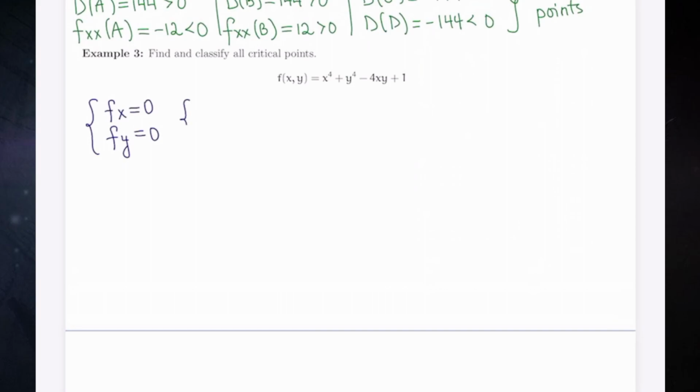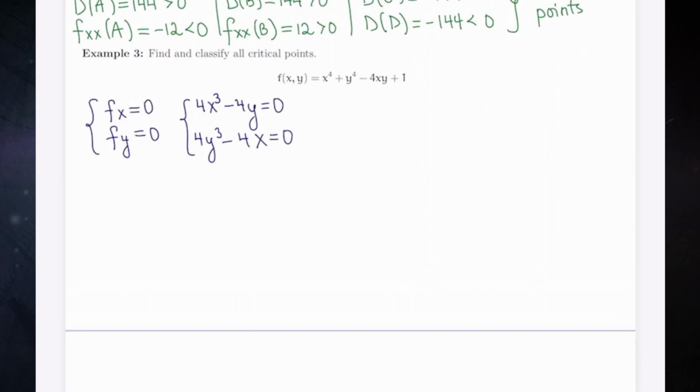All right. Okay, let's see what the partial with respect to x is. That's going to be 4x cubed minus 4y. That's equal to 0. And then similarly, the partial with respect to y is going to be 4y cubed minus 4x.